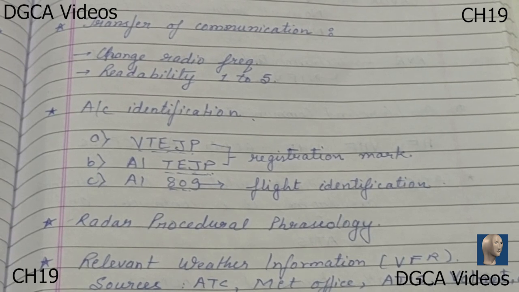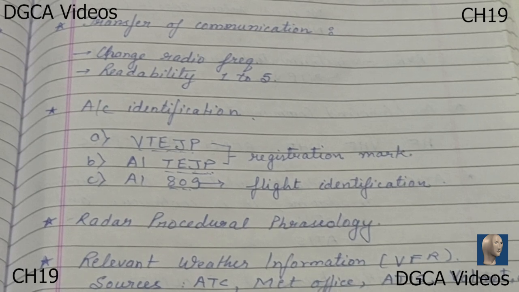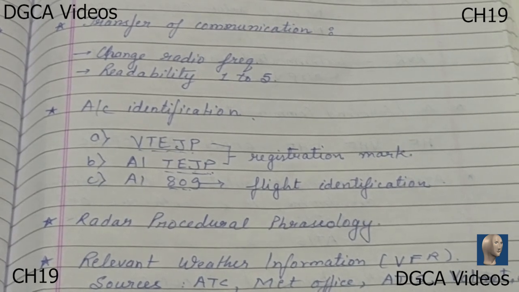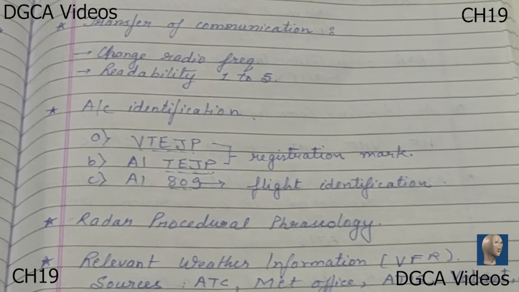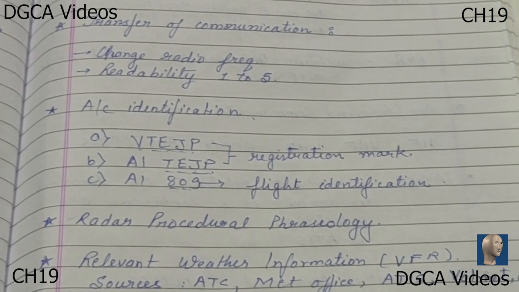So basically, only a few things come under radar procedural phraseology: what radar services we are using, SSR or normal radar. Radar vectoring is the position, bearing or the vector in which the aircraft is. Certain things are kept in mind if you're talking about the bearings of the aircraft.